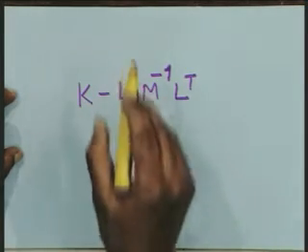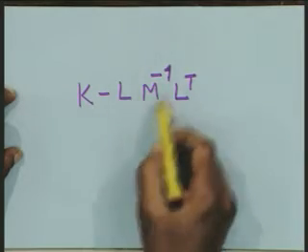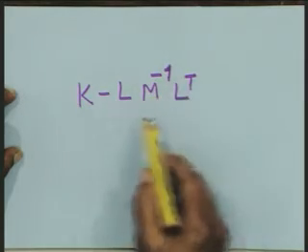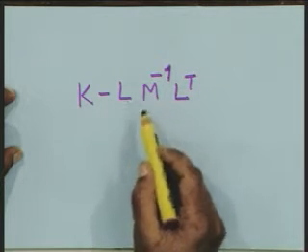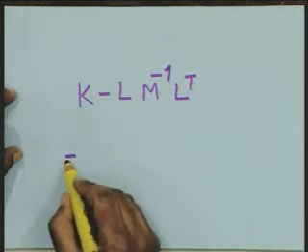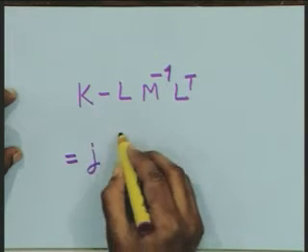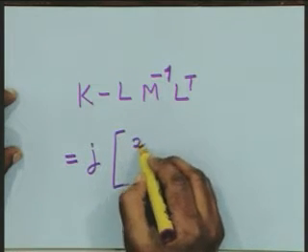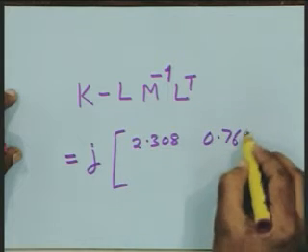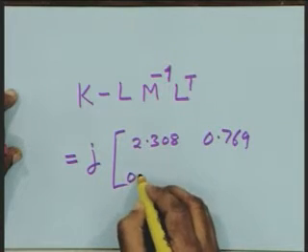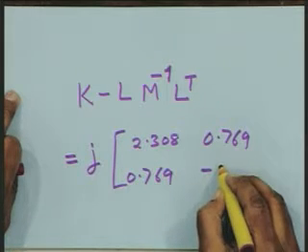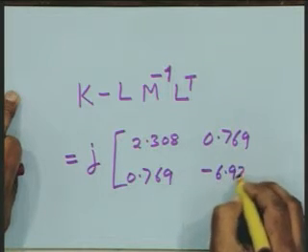This is a column matrix, this is simply a scalar quantity, this is a row, but when you multiply these, it will be a 2 by 2 matrix, and then subtract this from the elements of K matrix, and the resultant matrix comes out to be J times 2.308, 0.769, 0.769, minus 6.923.